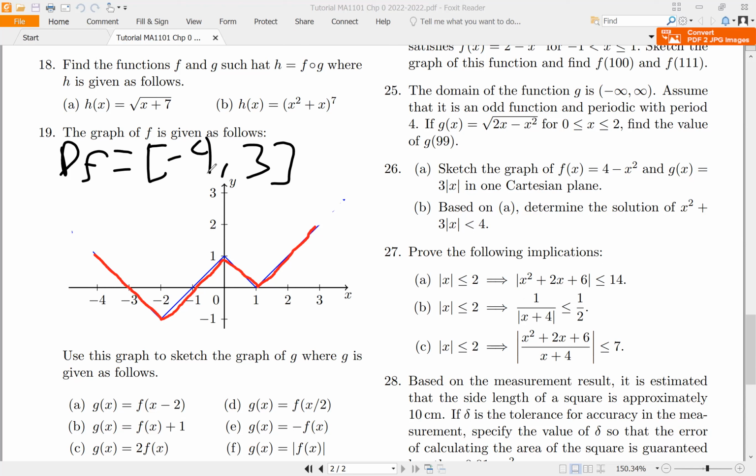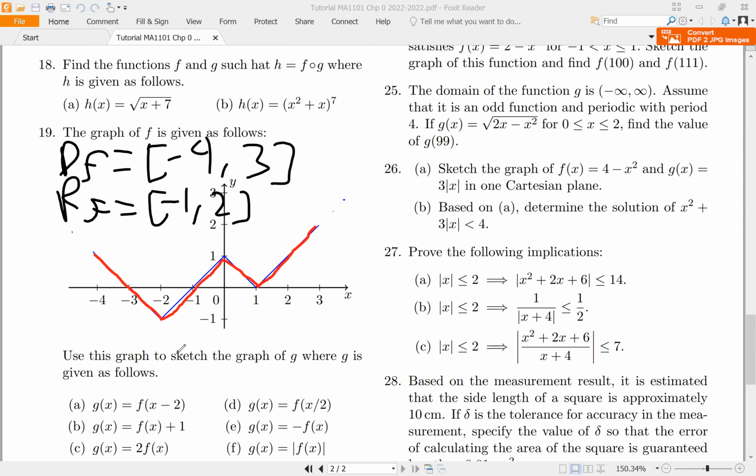And what is the range of f in this case? Range of f is -1 until 2. Good.